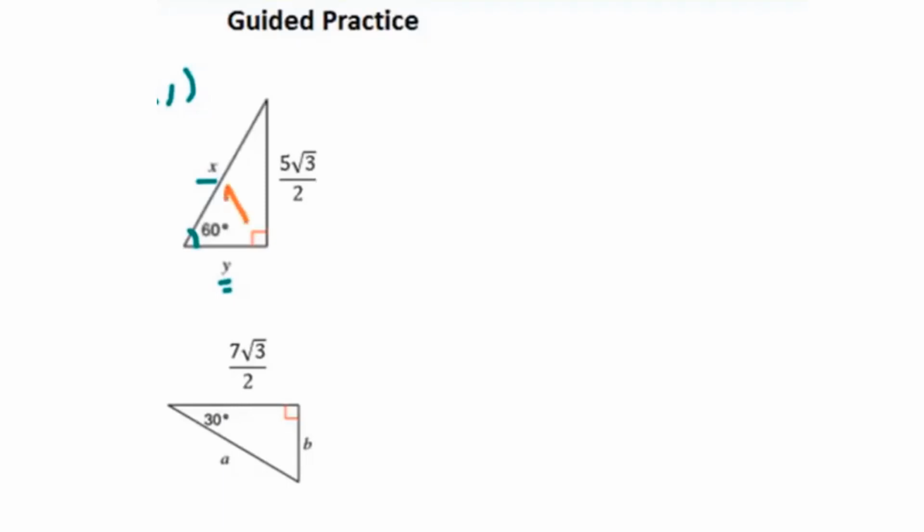Opposite the right angle will be the hypotenuse. Then cross the given angle 60. It will be the opposite side. So I label it as O. Then the one side left will be the adjacent side.